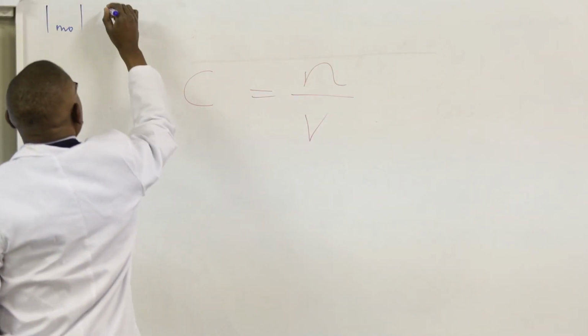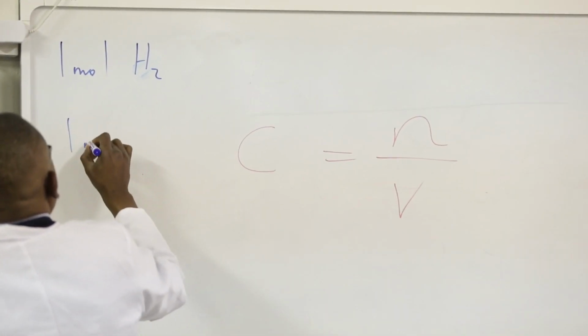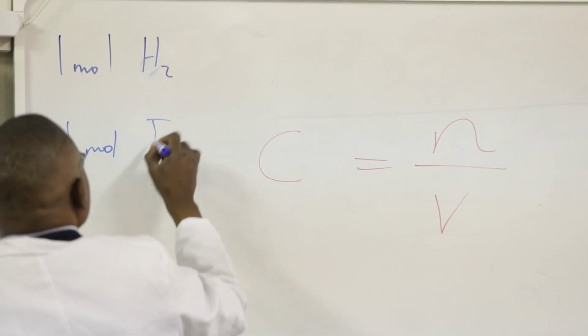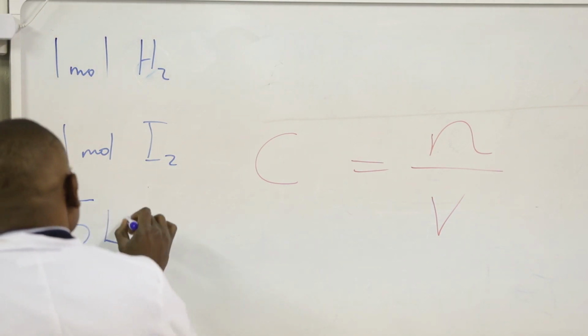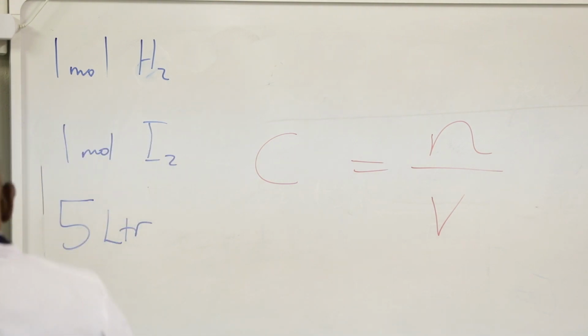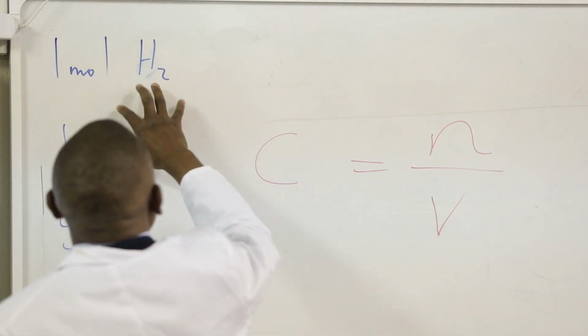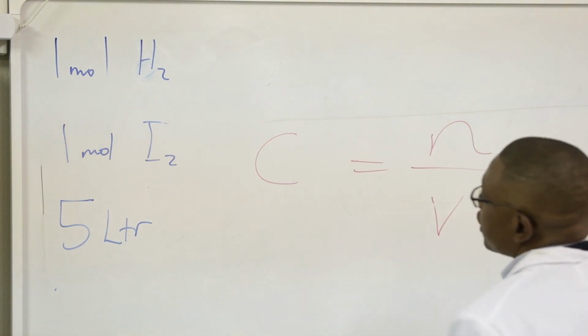Let me say hydrogen like this, and then 1 mole of iodine, and then we've got 5 liters of a reaction vessel. So we can easily take these quantities, put them into this formula to give us concentrations.